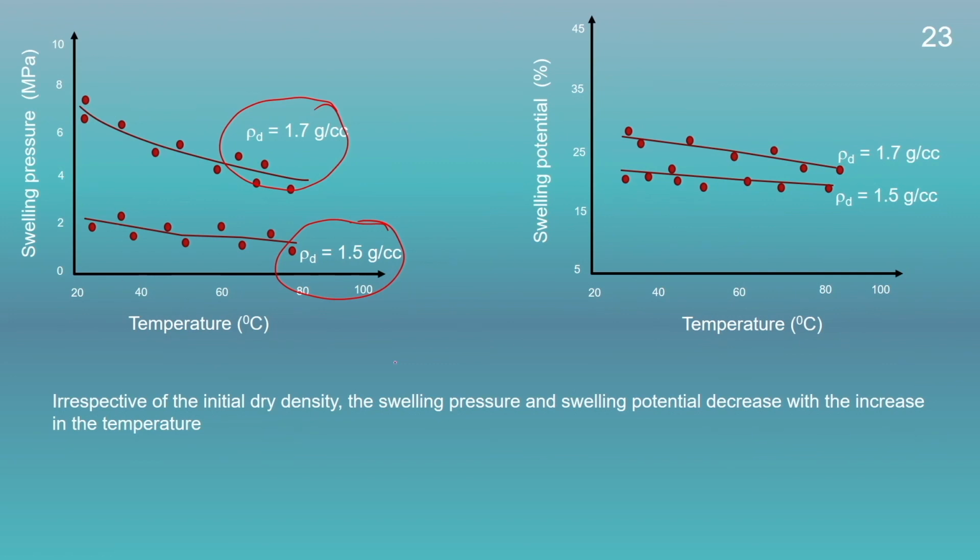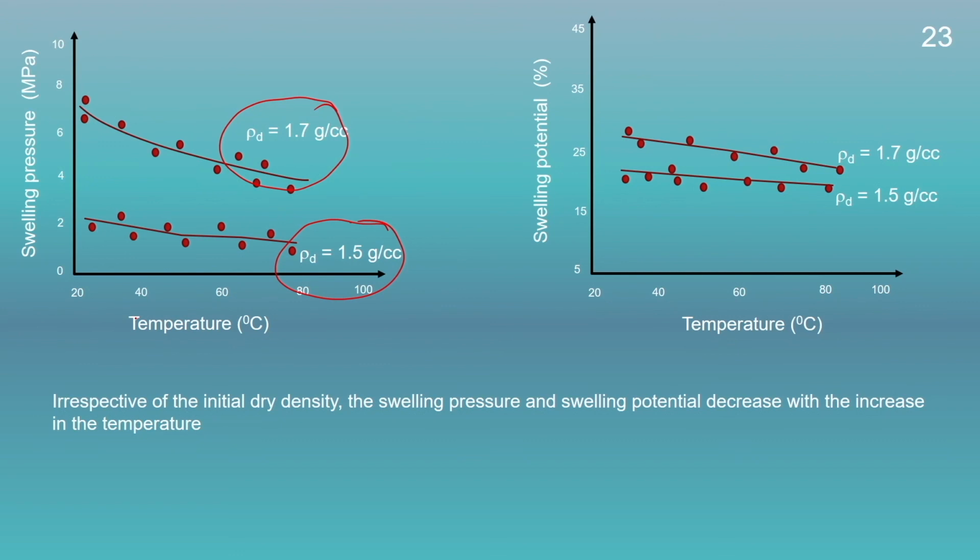Here we need to take care of two things. We know that the diffuse double layer thickness is directly proportional to temperature, and when we heat the soil sample up to 100 degrees centigrade, there will be some amount of diffuse double layer water, and beyond 200 degrees centigrade there will be no diffuse double layer water.